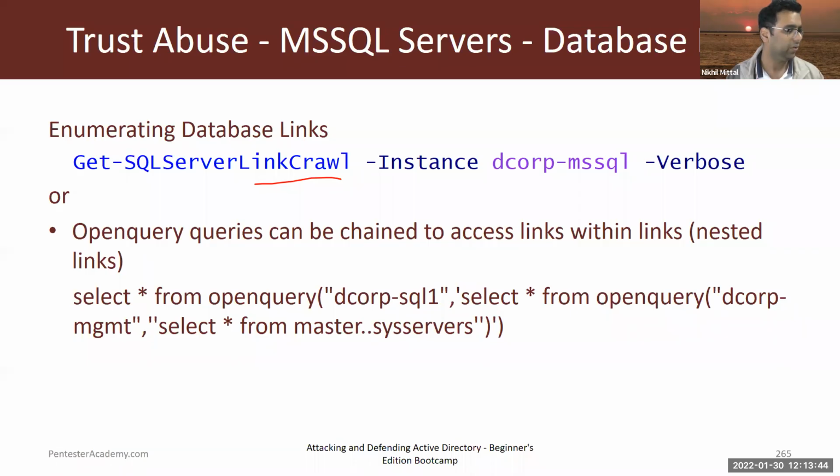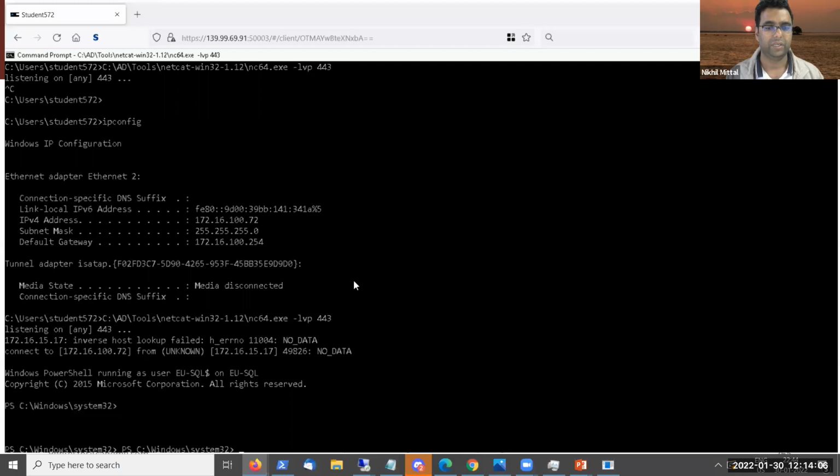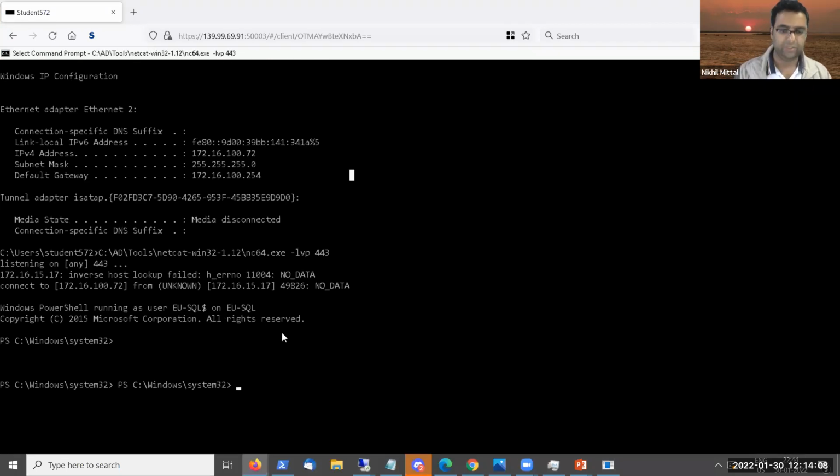So here on my listener, I'm going to connect back and let me quickly see if I get a connect back. We got it as network service on EU SQL.